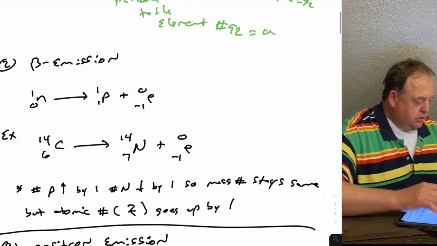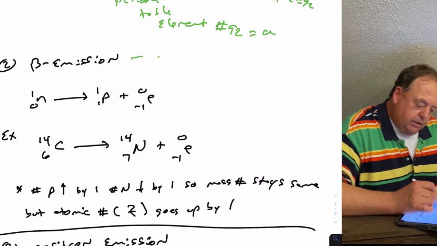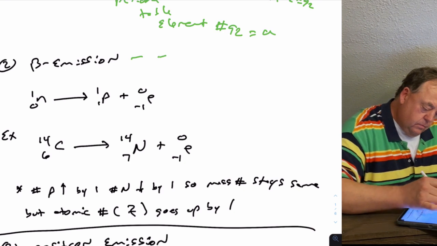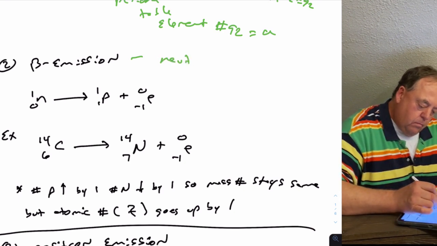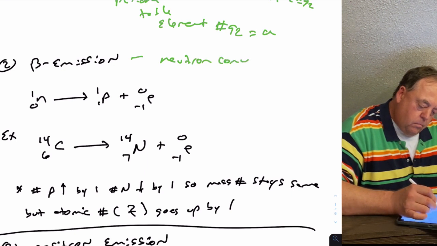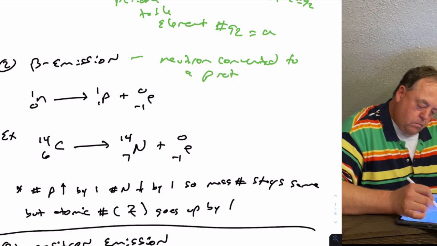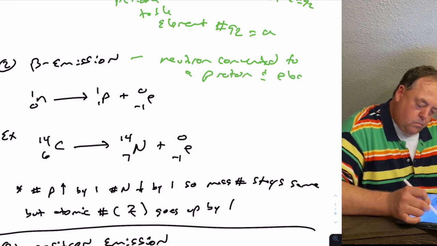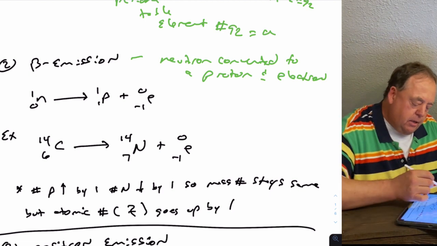Okay, so beta emission. So basically what happens in this case, a neutron in the nucleus of the atom is converted to a proton and an electron.